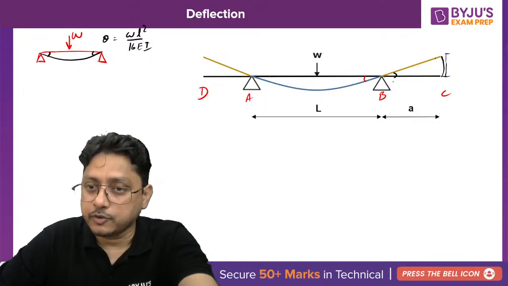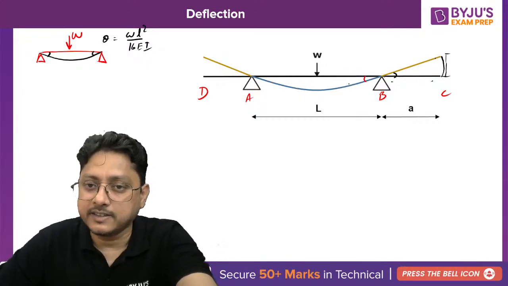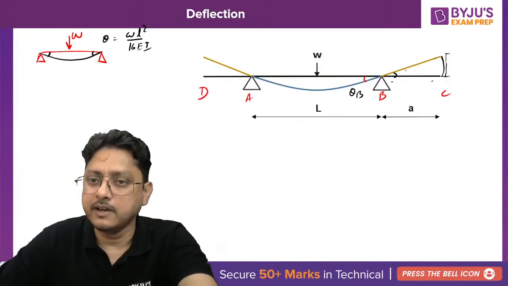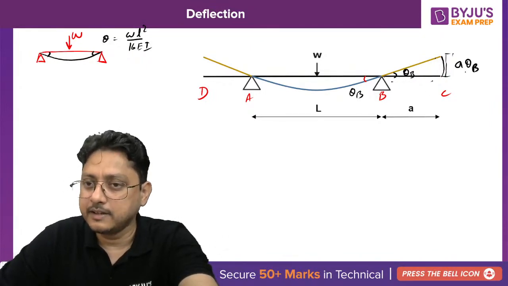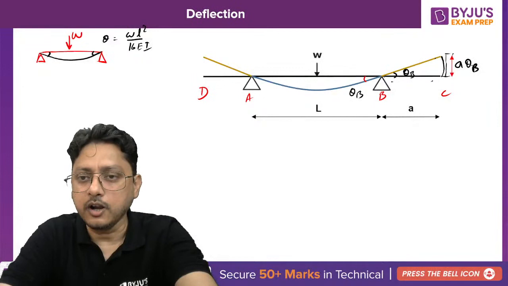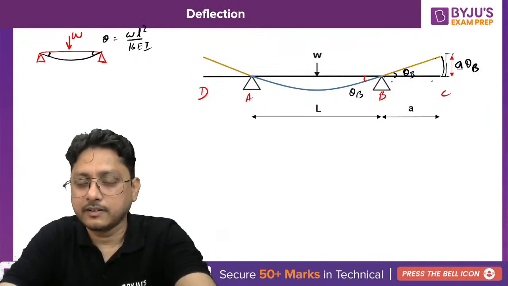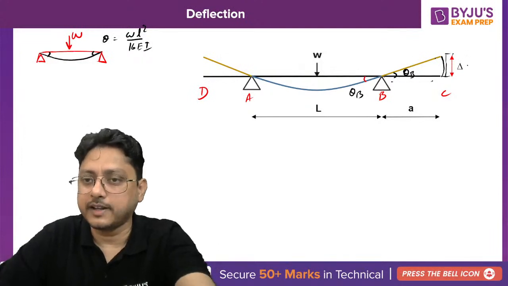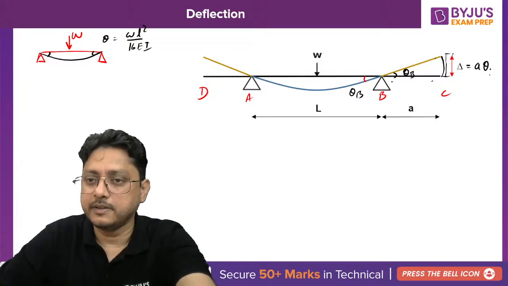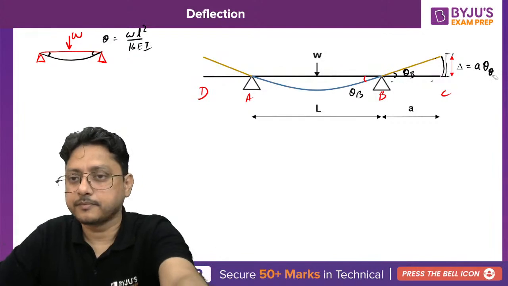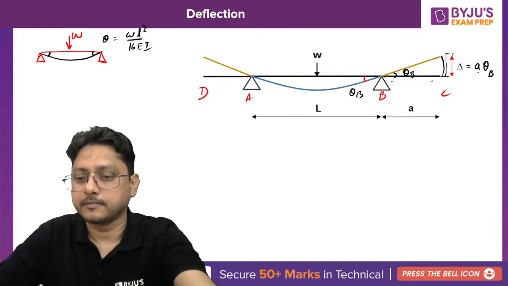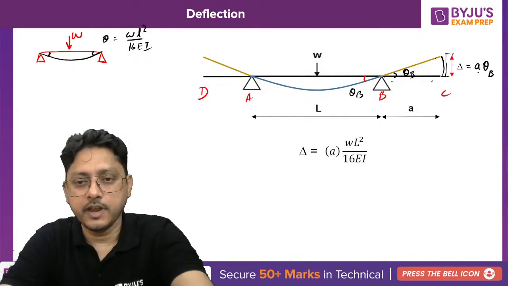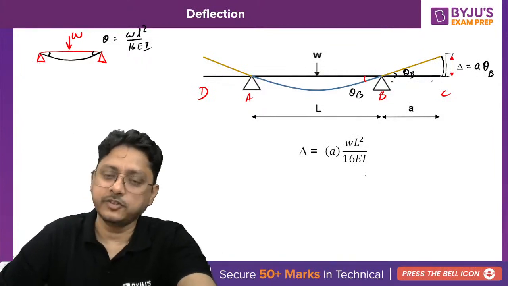If the length of this portion is a, and here you have theta B, the arc length becomes a theta B. That is nothing but your deflection. So delta will be a times theta B, which is a into WL square by 16 EI.